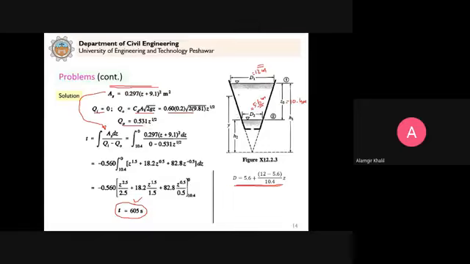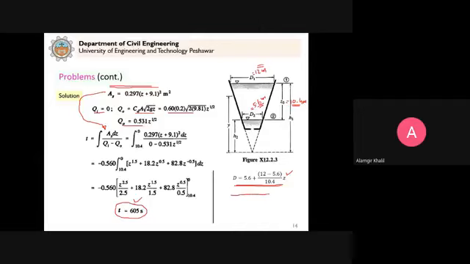So let us assume this is Z, because I'm interested, I can calculate the diameter at any intermediate point. So in this 10.4 meter, how much is the change occurring? 12 minus 5.6. This is the change occurring. When you simplify, this is equal to 5.6 plus 0.615 times Z.